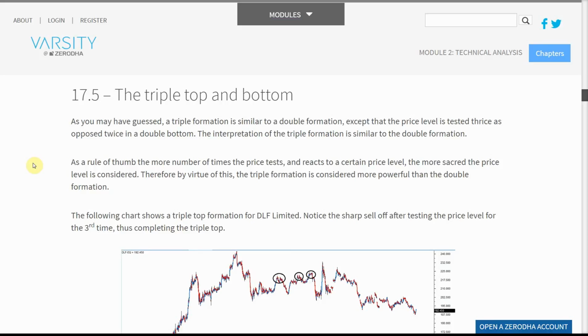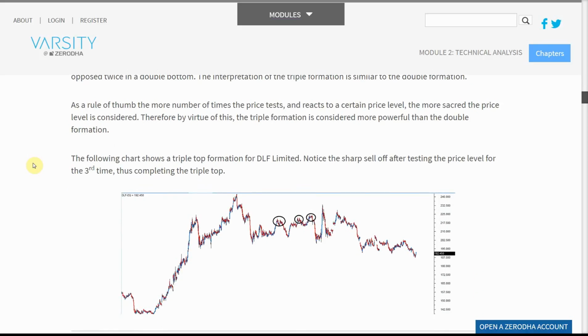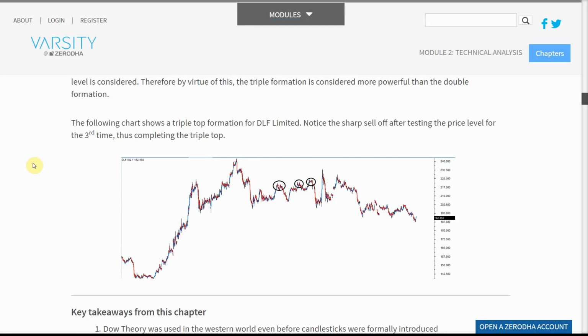Therefore, by virtue of this, the triple formation is considered more powerful than the double formation. The following chart shows a triple top formation for DLF Limited. Notice the sharp sell-off after testing the price level for the third time, thus completing the triple top.